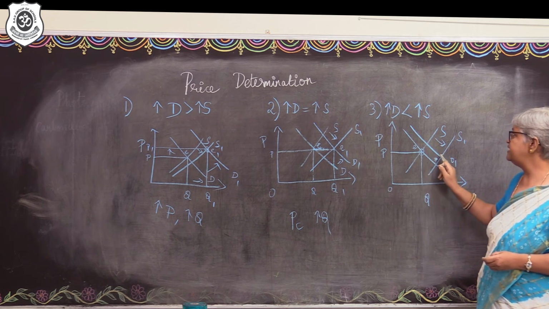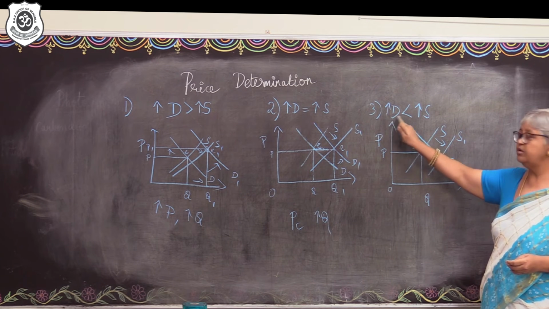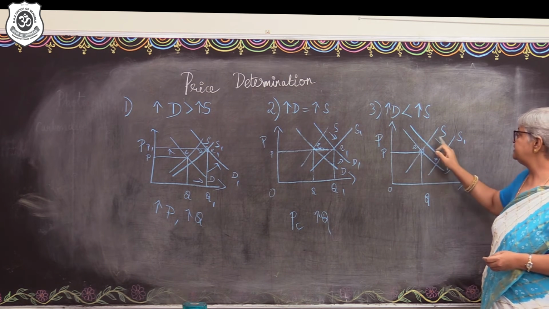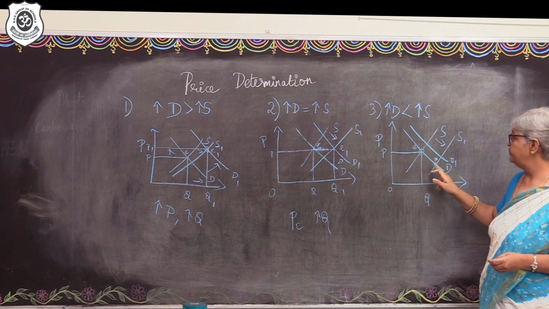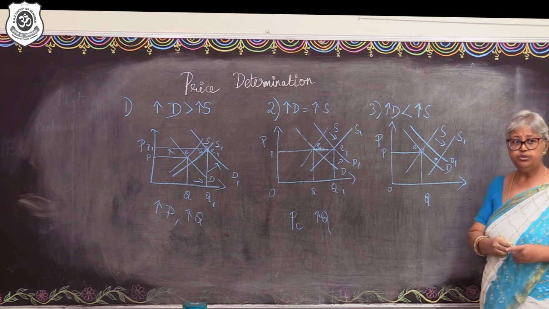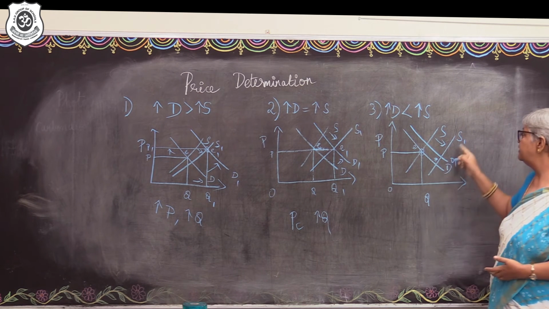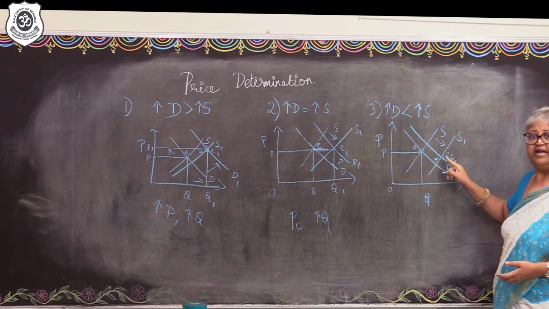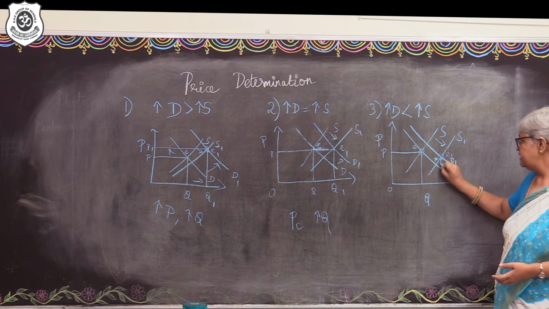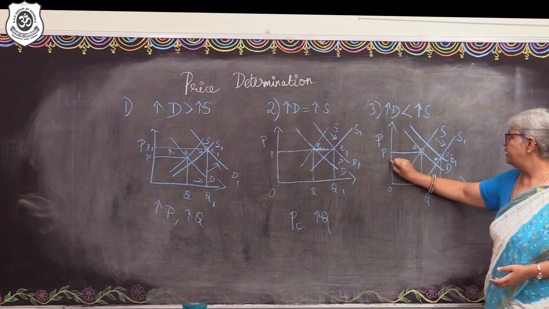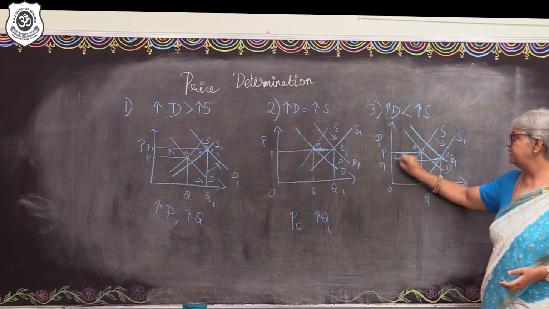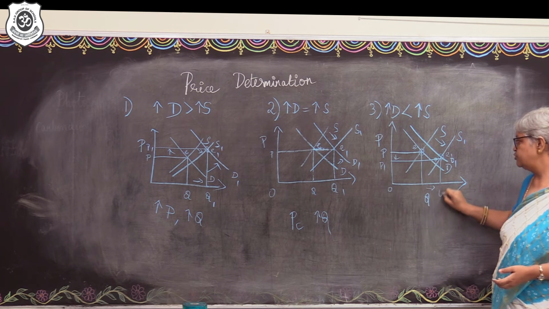Now, demand increases, but that increase in demand is going to be less than the increase in the supply. Okay. So, yes, S to S1, then D to D1. So, the new demand curve and the new supply curve, they meet here at E1. And E1, it is the new equilibrium which is arrived at a lower price and at a higher output.